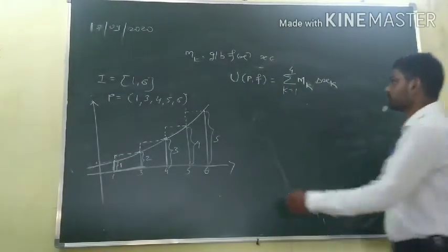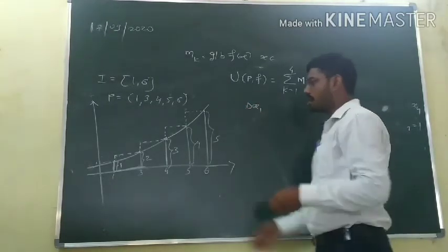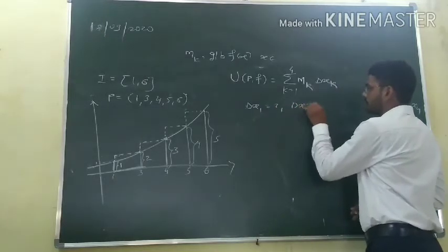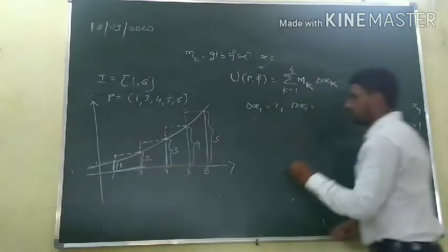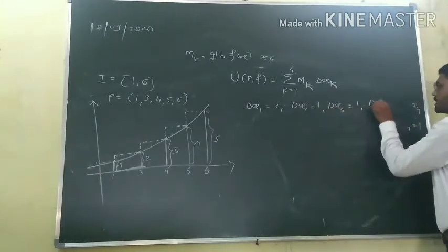Okay, so we know the lengths of all intervals. So delta x1 is 2, delta x2 is 4 minus 3, which is 1, delta x3 is also 1, and delta x4 is also 1.